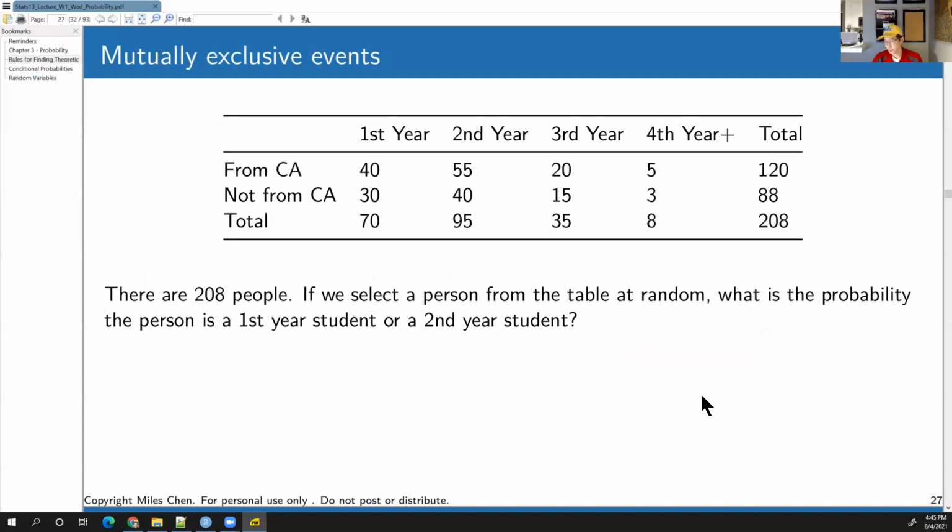So for example, if we look at this and we say, what's the probability that a person is a first-year student or a second-year student? This is the assumption: I know at UCLA people say, oh, I'm a first year, but I got second year standing. We're just going to ignore all of those cases.